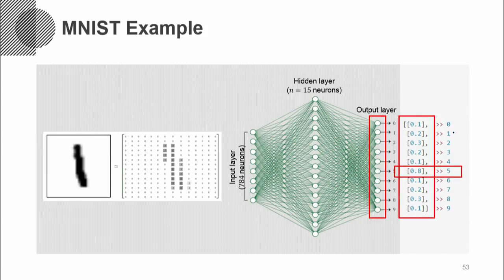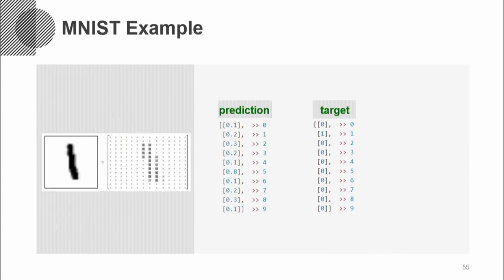But let's look at another example where a really large probability of 80% is assigned to the digit label 5, which is clearly the wrong case. So this case is not that good. And thus we can utilize this notion of comparing our desired output and the current output.